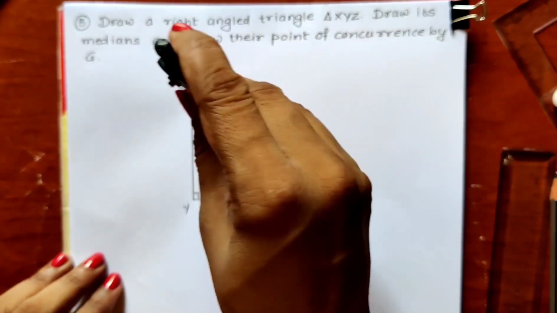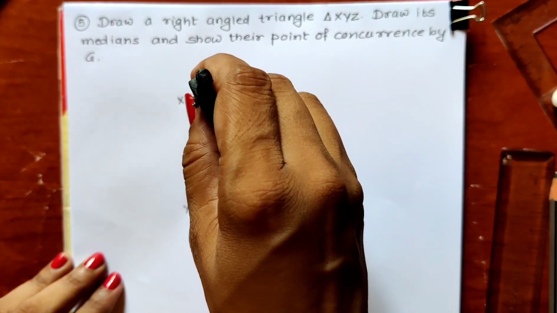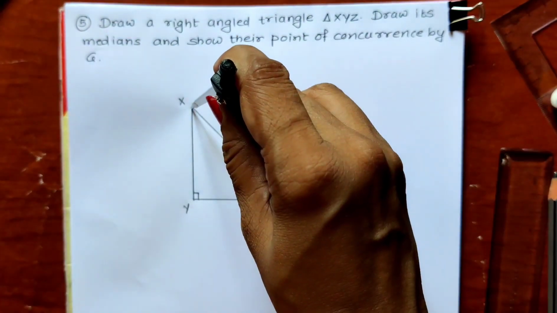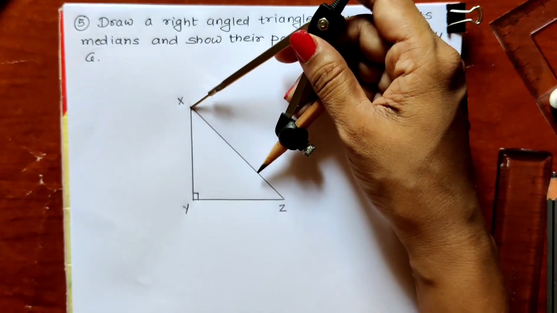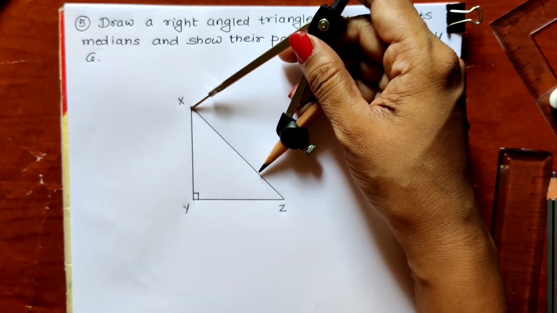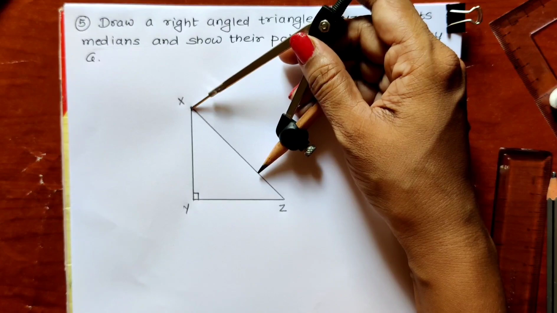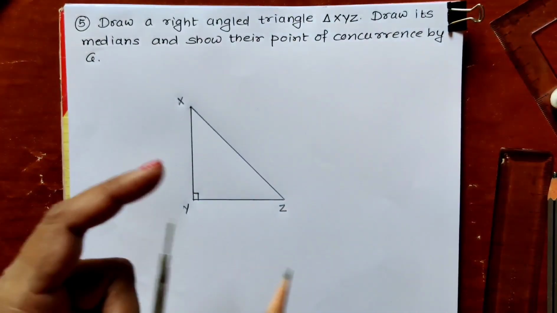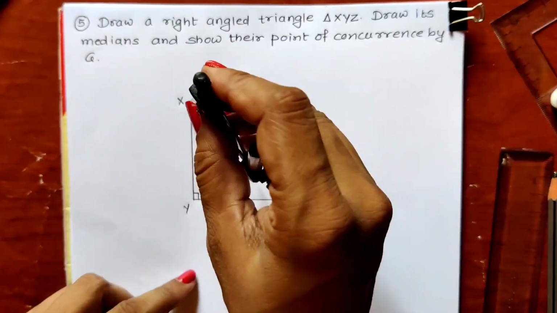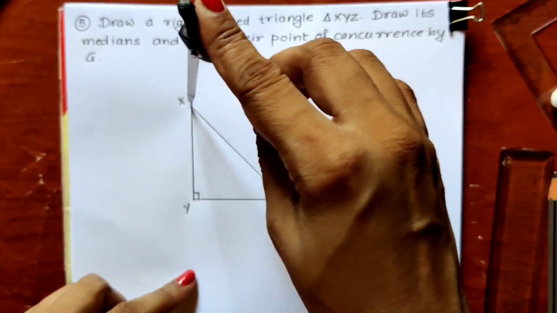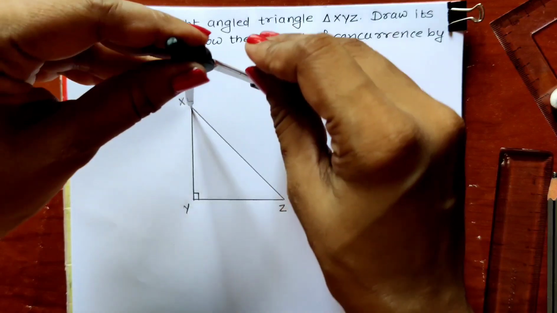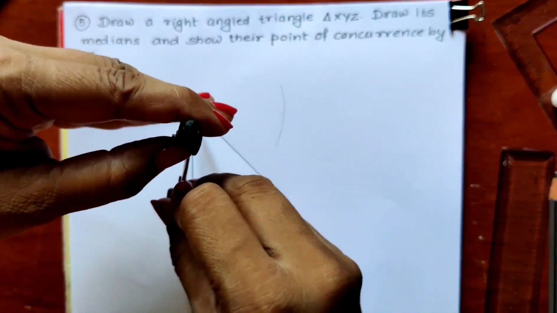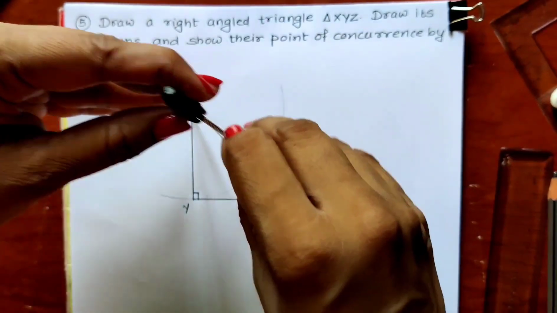So we have to place our compass like this on point X. We have to take more than half the distance of XZ in our compass. More than half distance, approximately, not exactly. Okay, so more than half distance I have taken. I have to place my pointed end on X, and then I will have to draw an arc upside and downside like this.